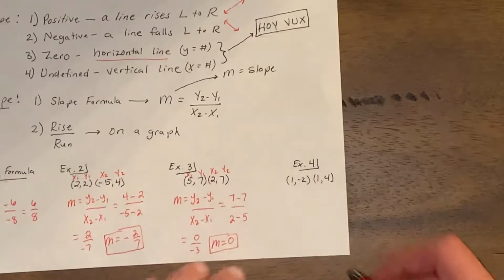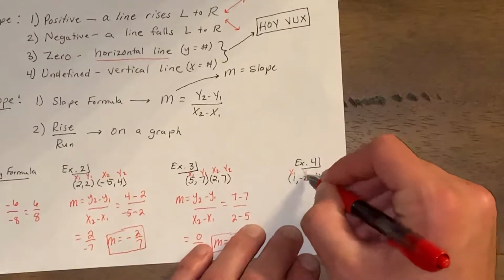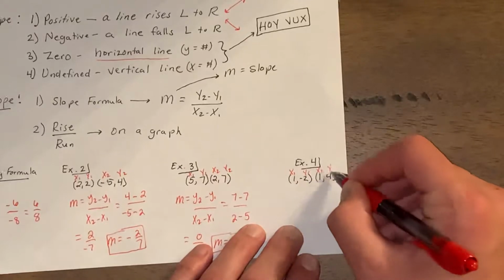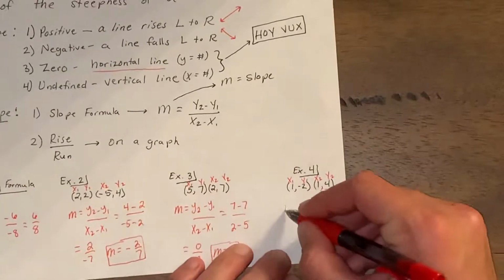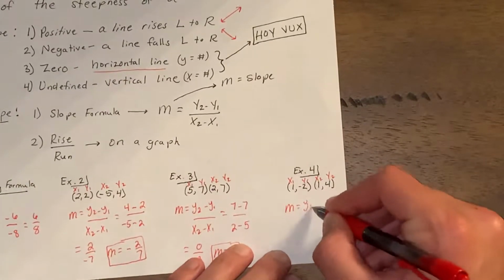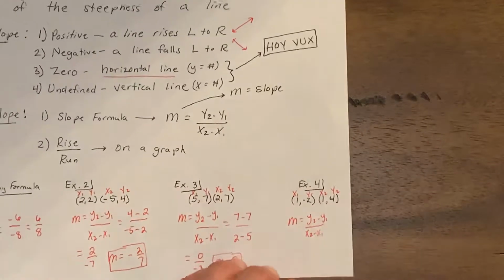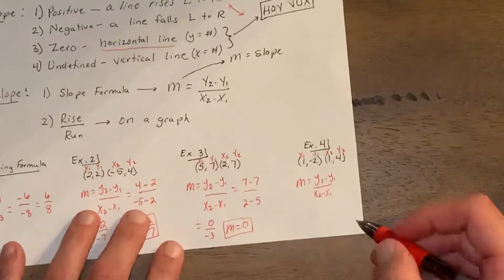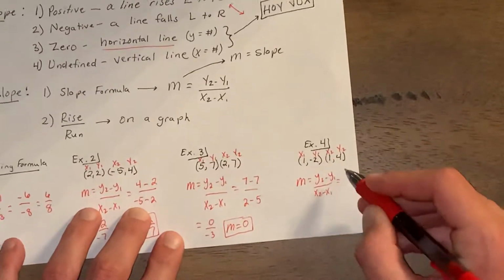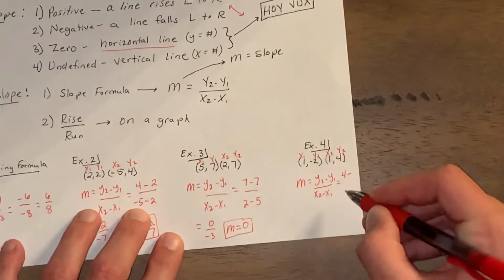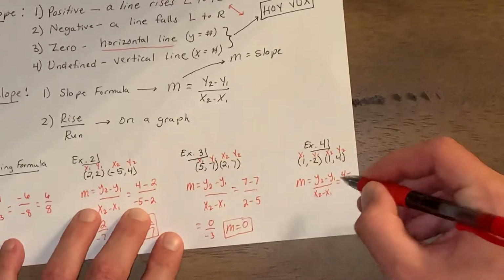Last example with the slope formula. x1, y1, x2, y2. Put my formula here: m equals y2 minus y1 over x2 minus x1. Now I can plug in my numbers. y2 is 4. y1 is negative 2.